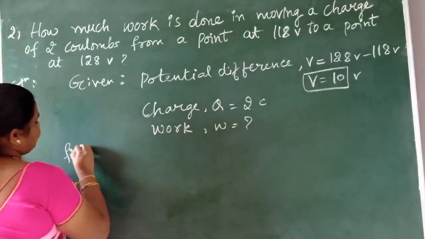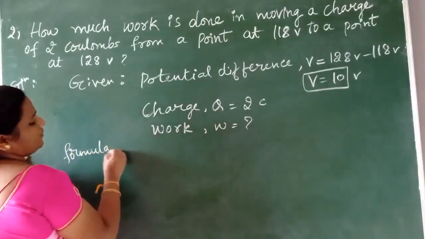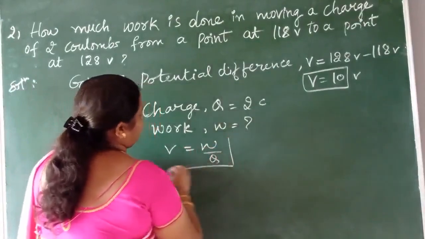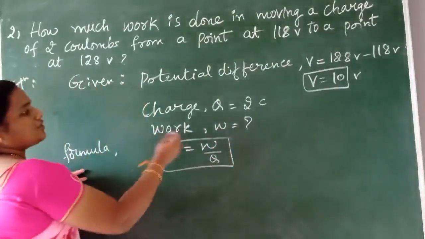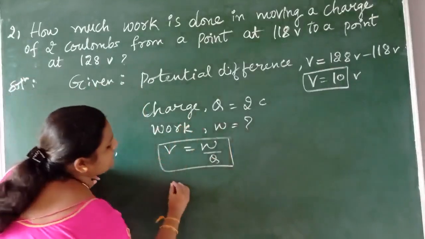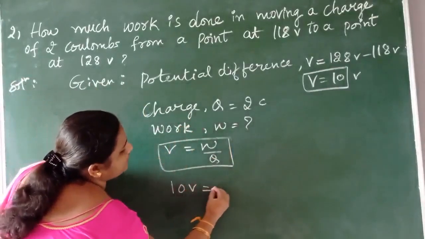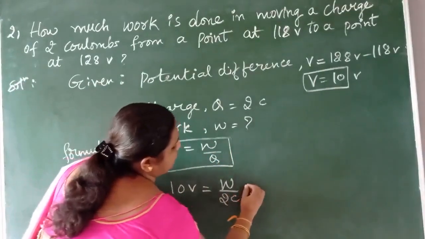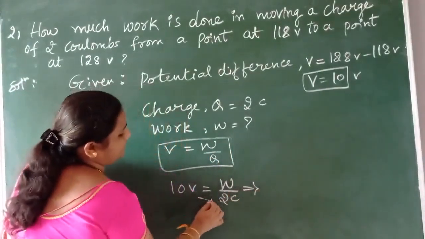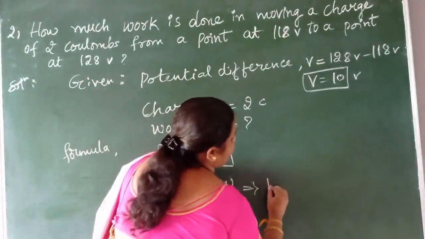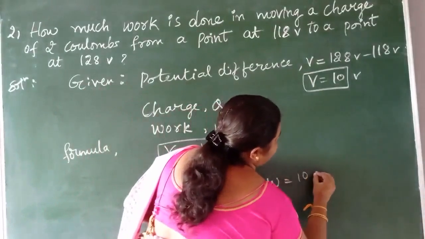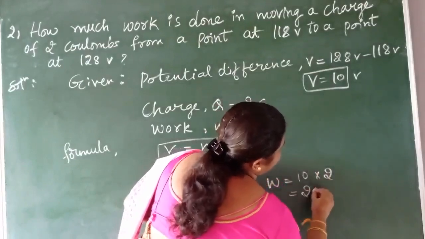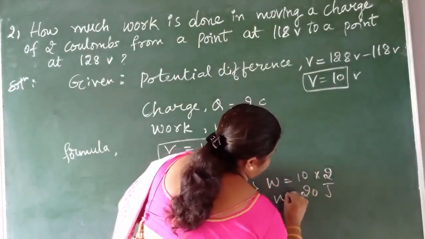Then use the formula, children. Here V is equal to W divided by Q. Now substitute the values. V means 10 volts, W keep it as it is, Q means 2 C. This implies that W is equal to 10 into 2, which is what? 20 joules.